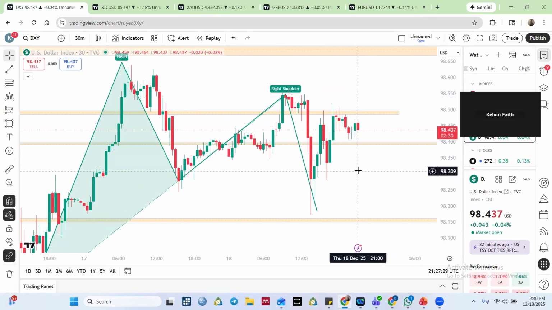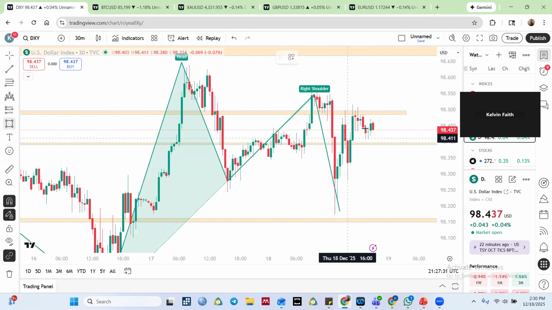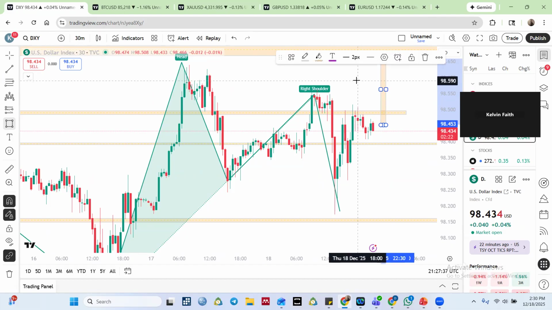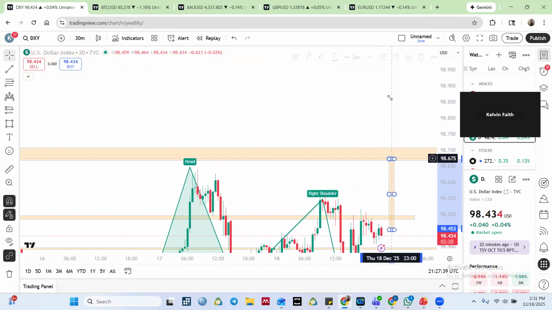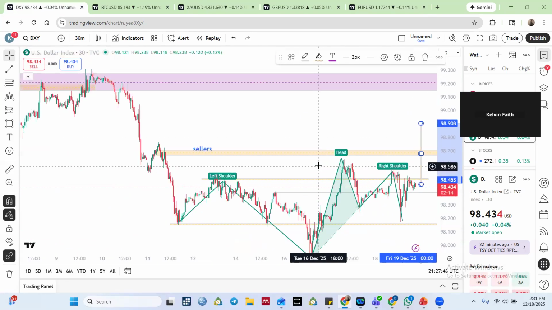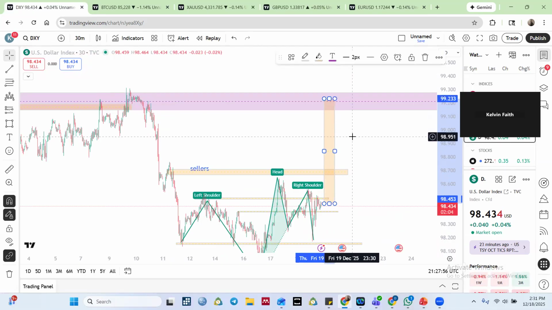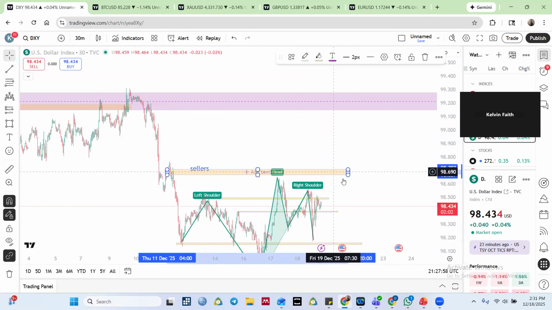If this sell does not work and it pushes up to crash the right shoulder or crash the head, it means the market wants to keep going up. So I'll wait for a retest and then it will go up. And if it's going up, it's likely it might want to reach out to this zone for a retest rather than here, which is perfectly fine. It makes sense. Are you guys getting the thought how everything is adding up?